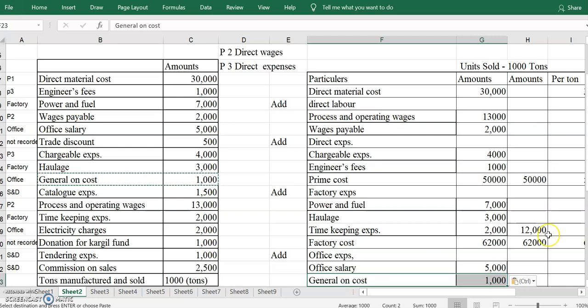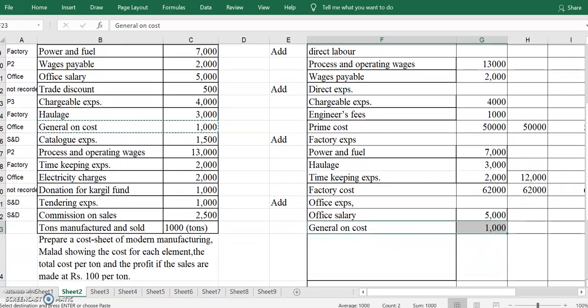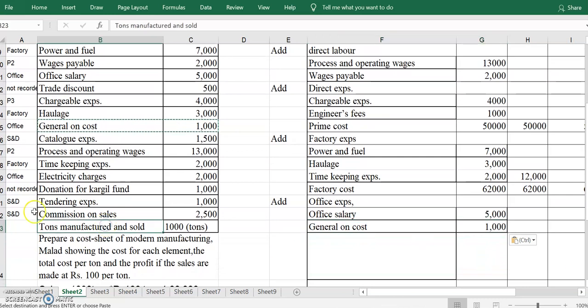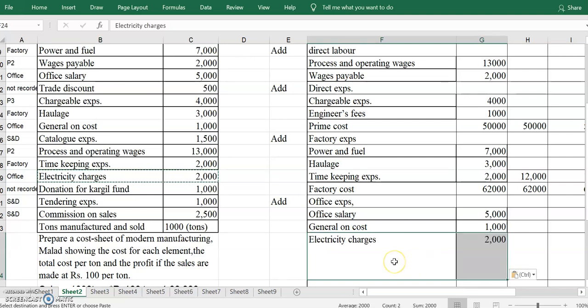Next heading, which indicates under the head of office, that is electricity charges. So only three headings are recorded under the office expenses.